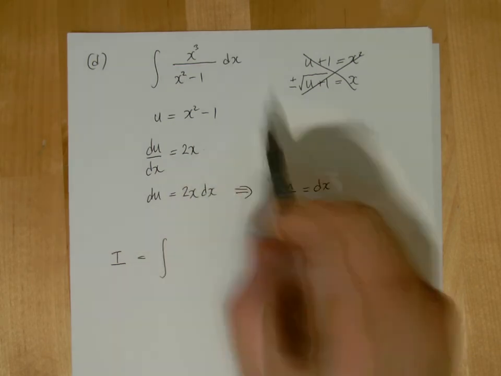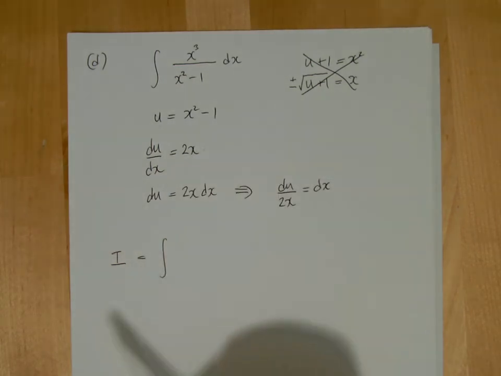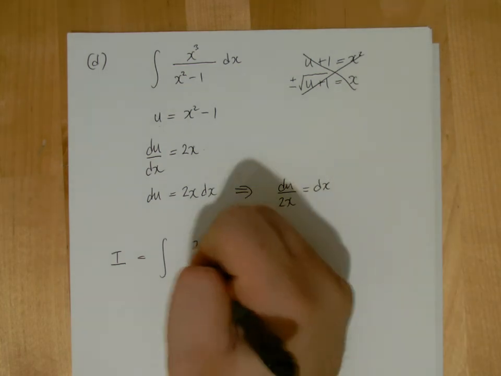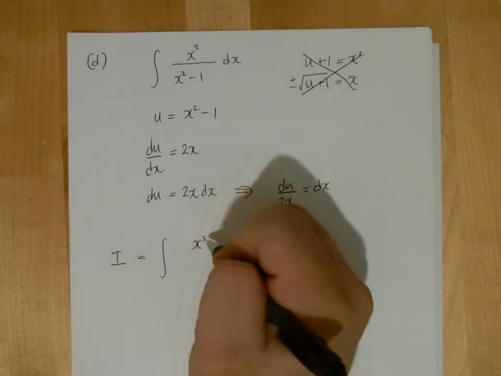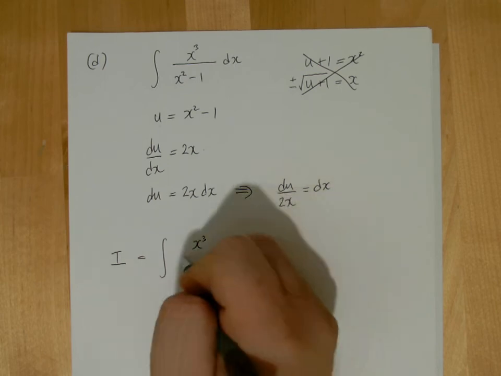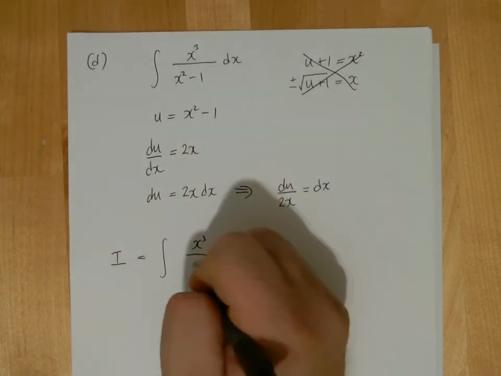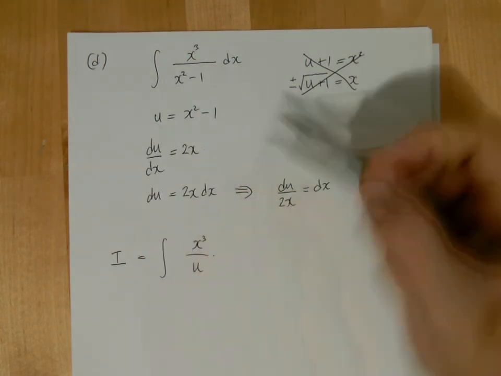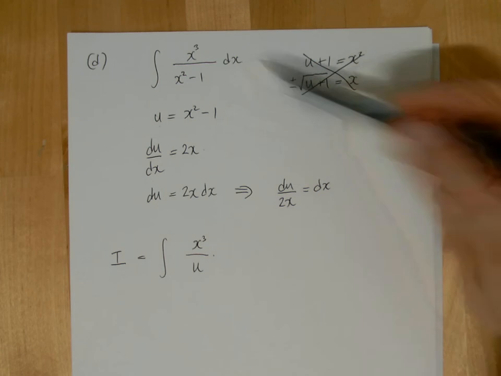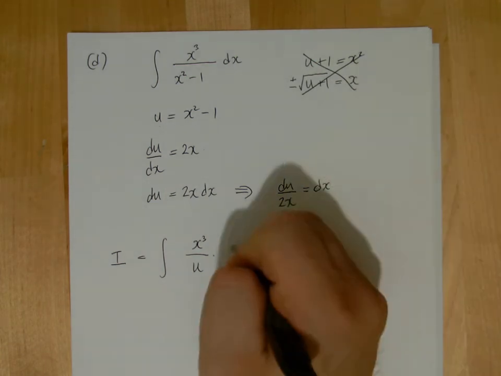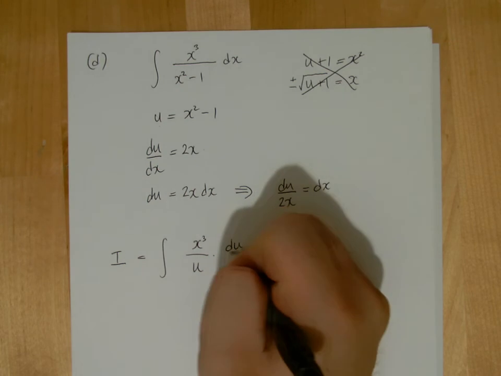So x cubed, I don't know what that is. It's messy if I do it this way, so I'm just going to leave it as x cubed. On the bottom then, x squared minus 1, well, that becomes u. But then my dx gets replaced by this, du over 2x. So I've got du over 2x.